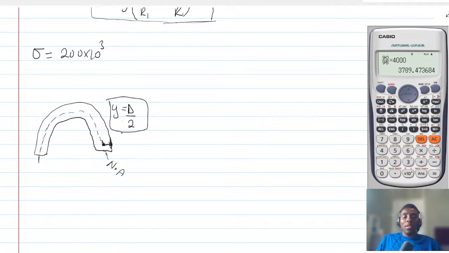So what I'm trying to say is that for a circular cross section, the fiber distance, that is the y, is the diameter divided by 2.